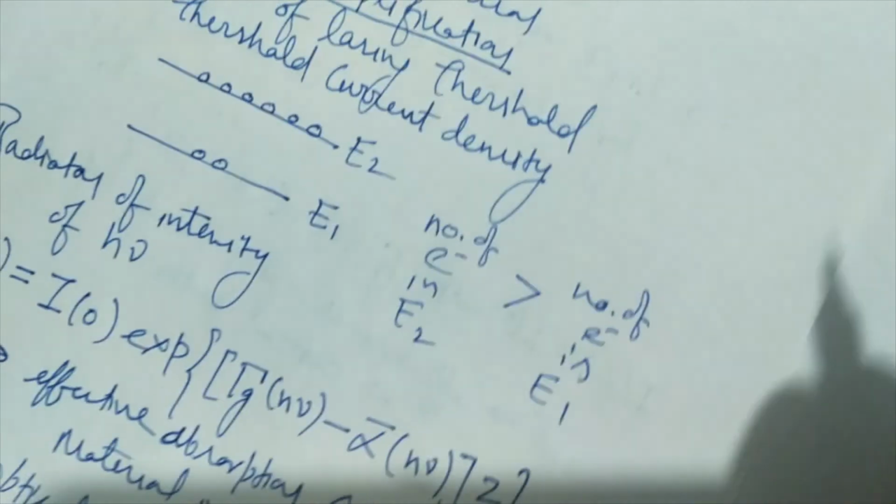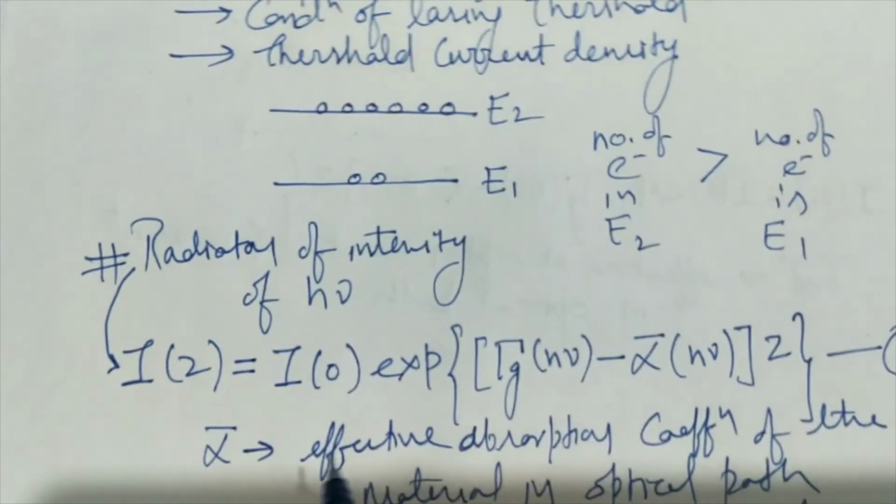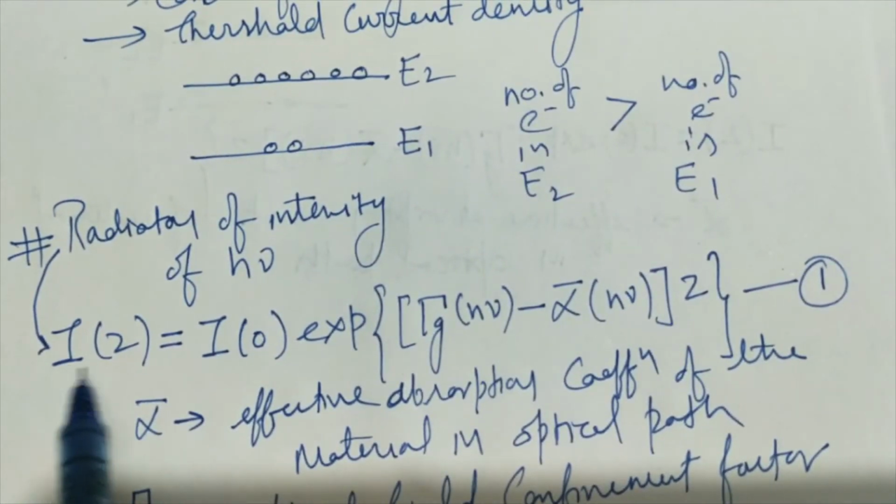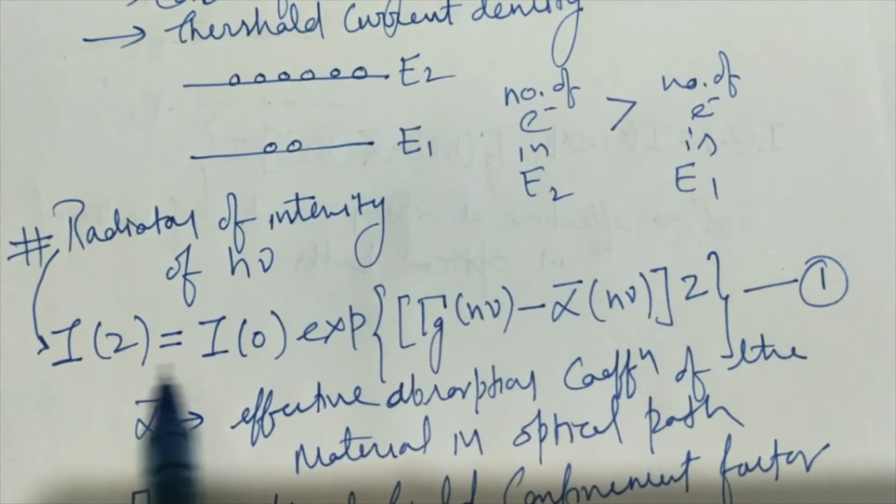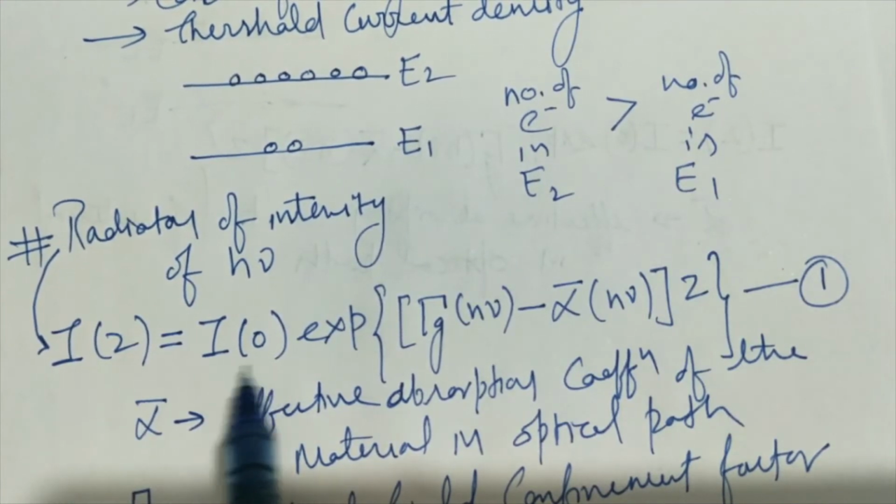From equation 1, the intensity at distance z depends upon the initial intensity.